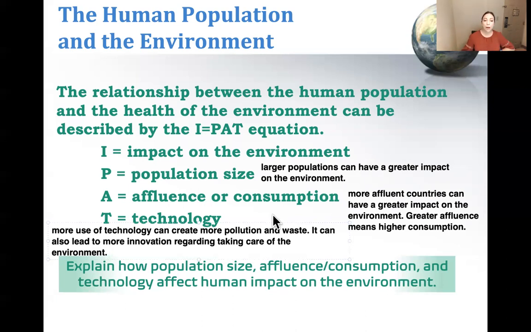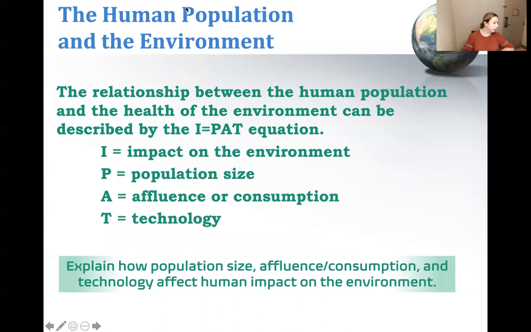And as with many of my short answer questions, there is not a definite right or a definite wrong answer. I just need to know that you can evaluate these different parts of the IPAT equation. Okay, so let's continue on.